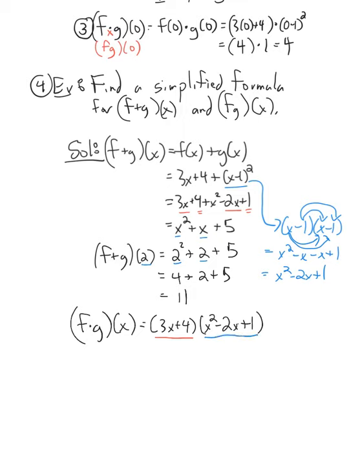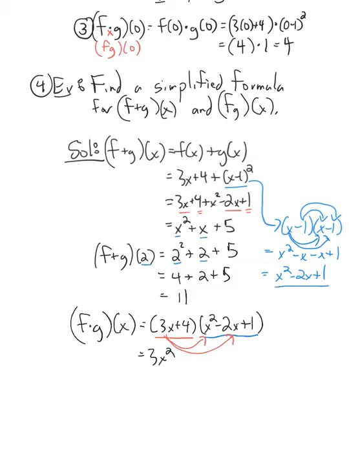I just simplified g of x so it's easier to multiply. That's x minus 1 squared. I just simplified it a little bit. So we'll use distributivity. So this is 3x times x squared is 3x squared. 3x times 2x, 3 times 2 is 6. X times x is x squared.